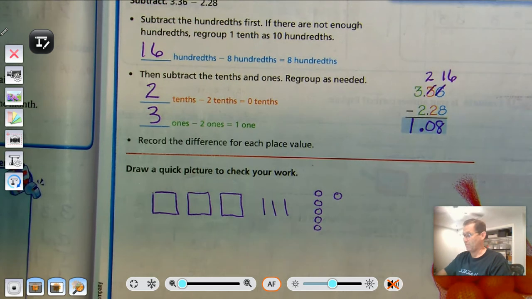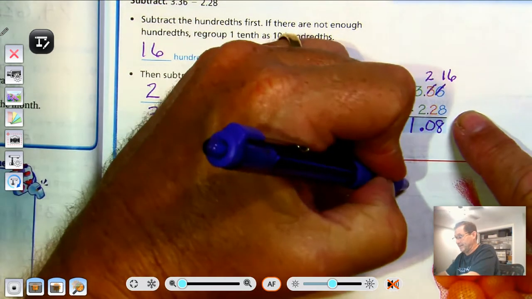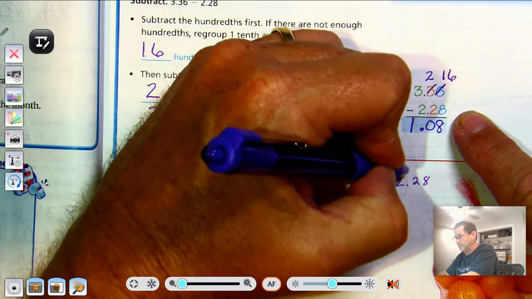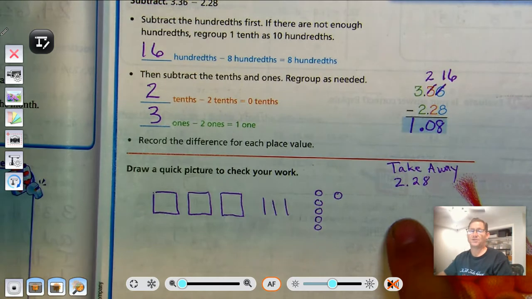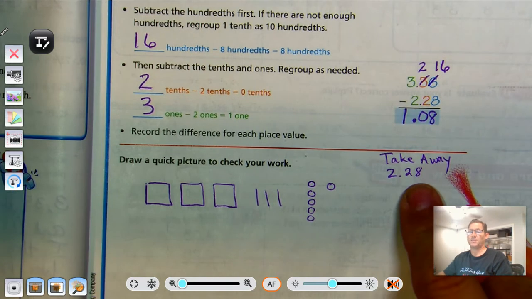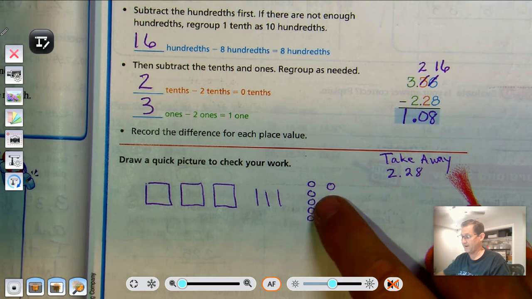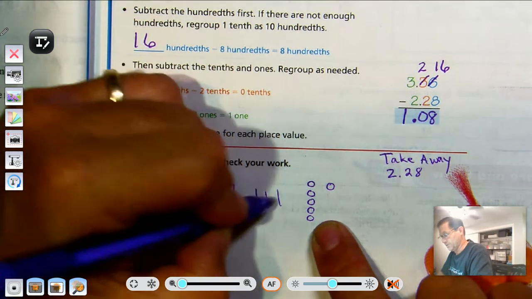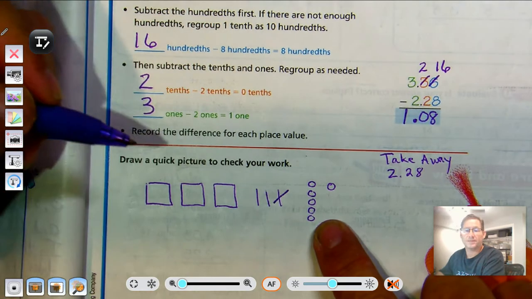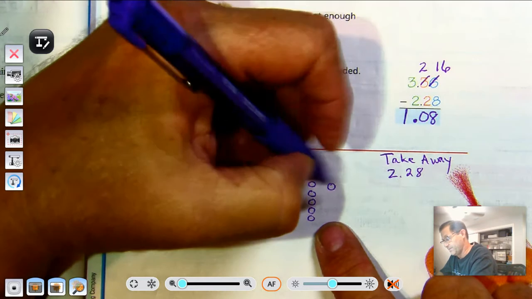Okay, and we have to take away 2 and 28 hundredths. So let's start with the hundredths. 8 hundredths. 1, 2, 3, 4, 5, 6. Oh, I can't take away 8. So what I'm going to do in order to take away 8, I'm going to take 10 hundredths from the tenths.